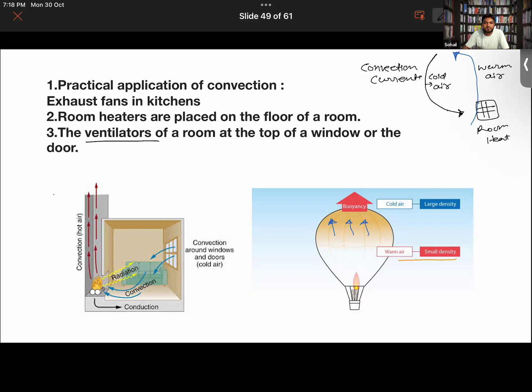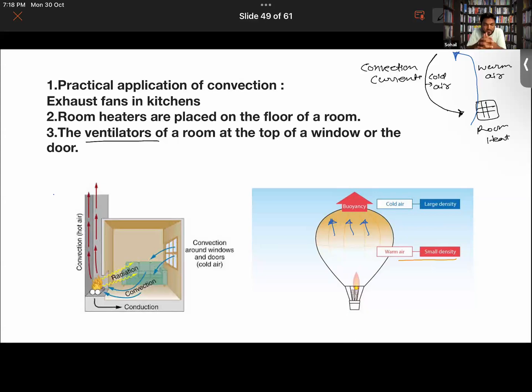Sir, maybe it is because, so that the... I forgot. It is very simple, it has a very simple reason. Anyone want to explain why ventilators are provided in the rooms?